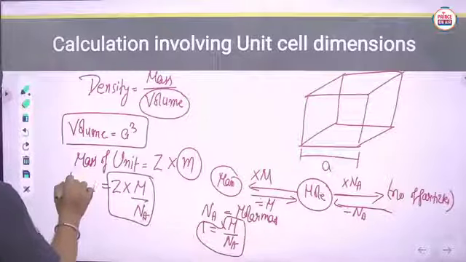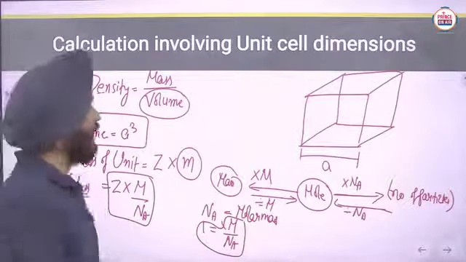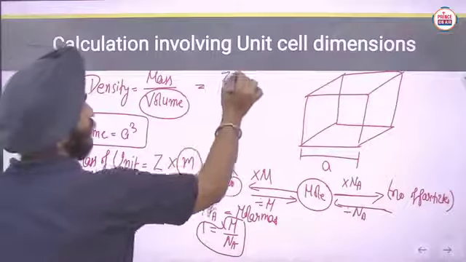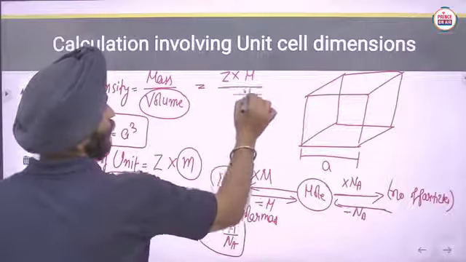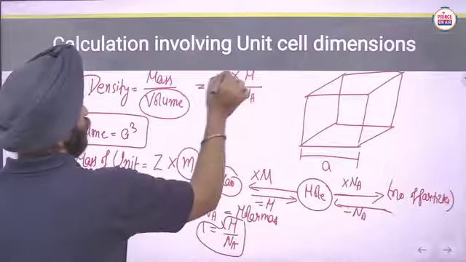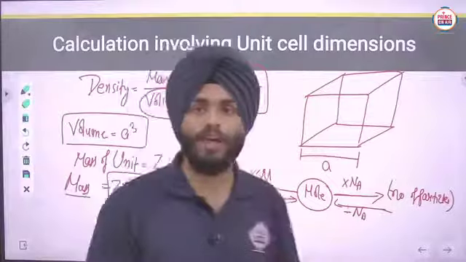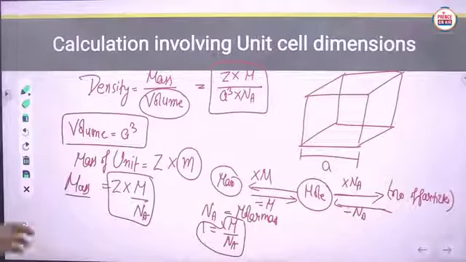Okay, total mass. So now density will come out to be: mass is Z into molar mass upon Avogadro's constant, and volume is A cube. So the density is Z M upon A cube into Na. Okay, clear?